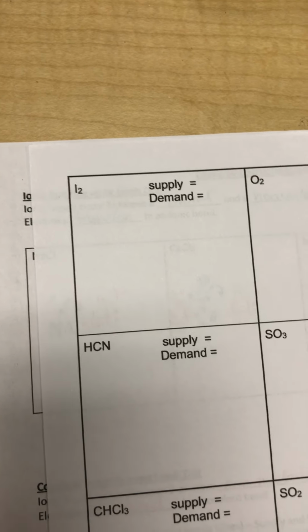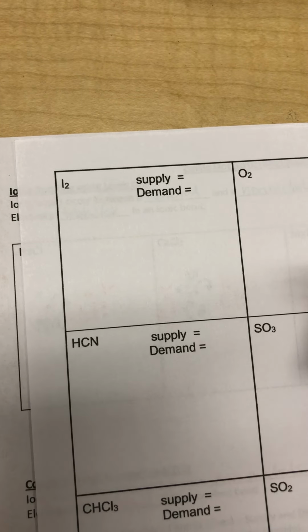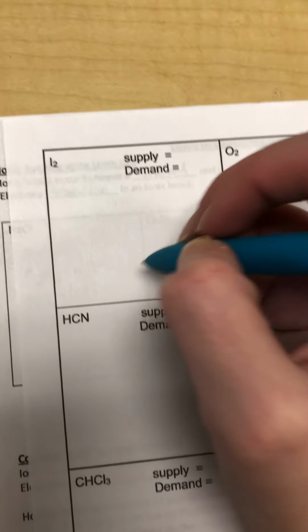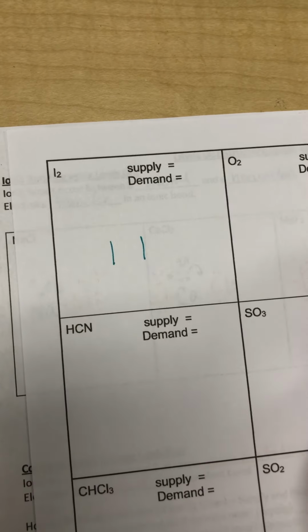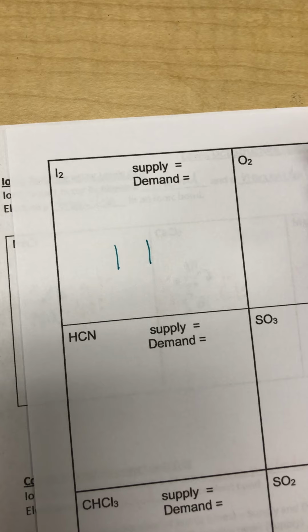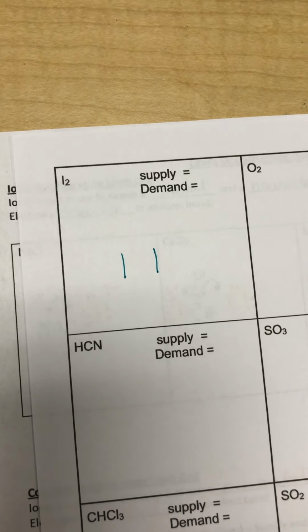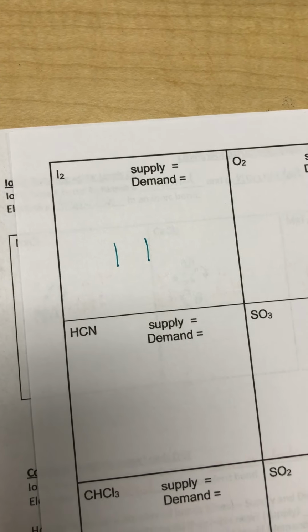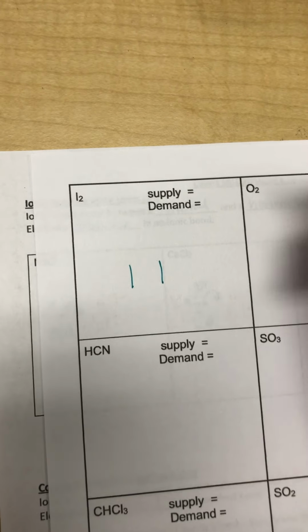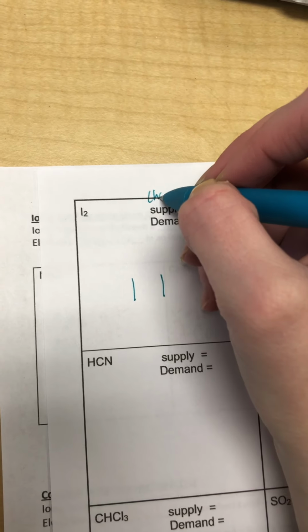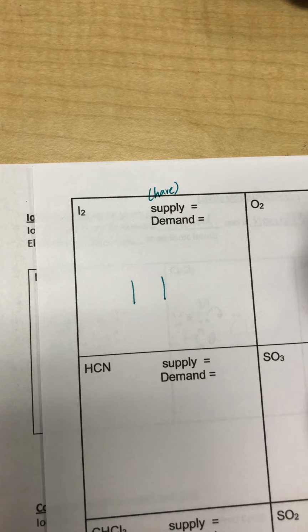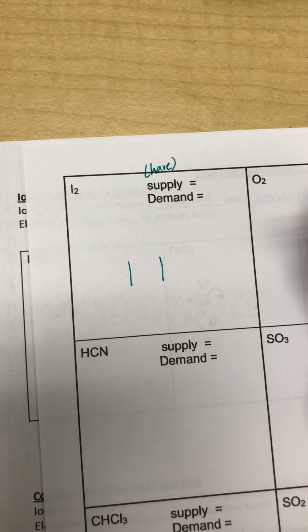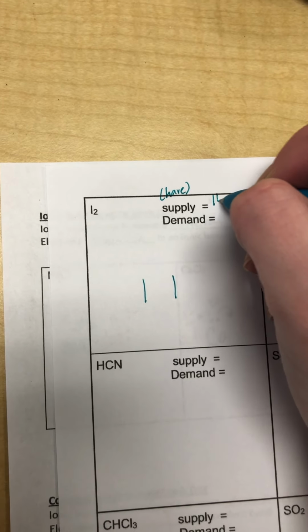So here I have I2, okay? So I have two I's. So I just need to find how many electrons are in supply right now. How many do I have? Okay, so that's basically like your have is your supply. So iodine, they both have 7, so that's 14 total.